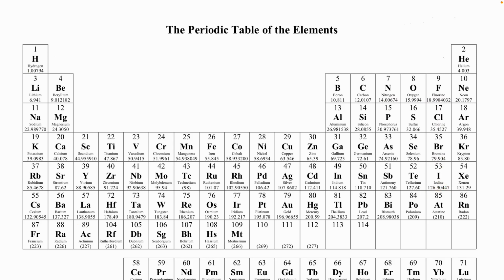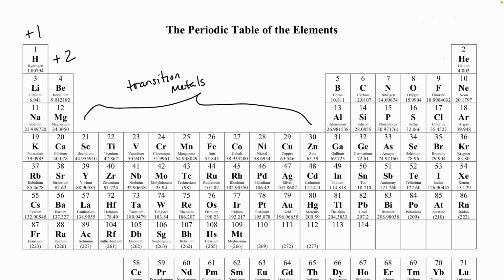Diatomics, great. Okay. So everything that lives in this first column here likes to form ions with what charge? +1. What about the next column over? +2. All right. We got to skip these transition metals because these are elements that you don't know the charge just by looking at the periodic table. We're going to have to work backwards from these ones. All right, but we can jump to the other side.